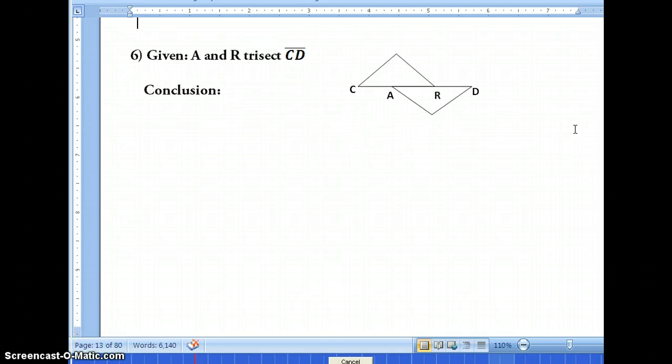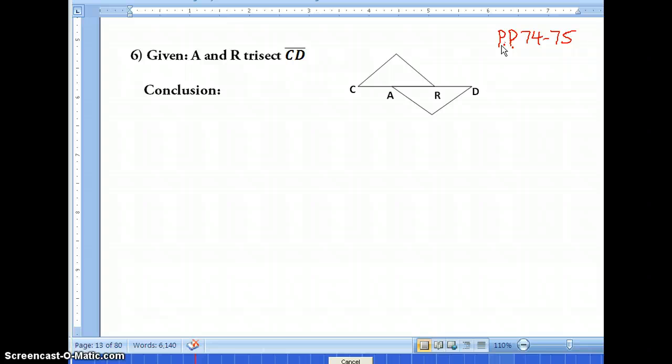We're going to take the problems 1 through 11 on page 74 and 75. And we are going to be given a piece of information, and we are going to write what the conclusion would have to be. So, for number 6, I'll give you a second to copy this down.